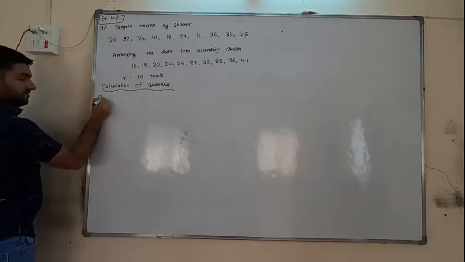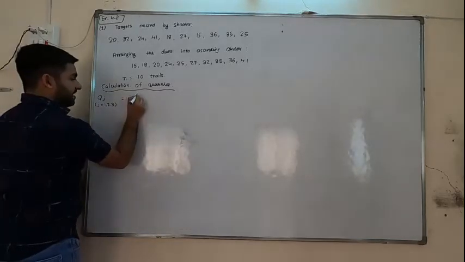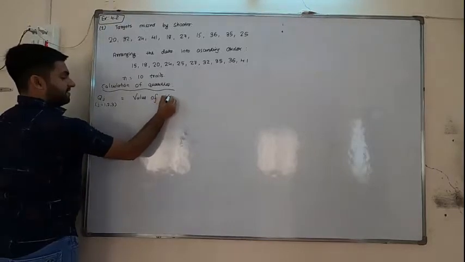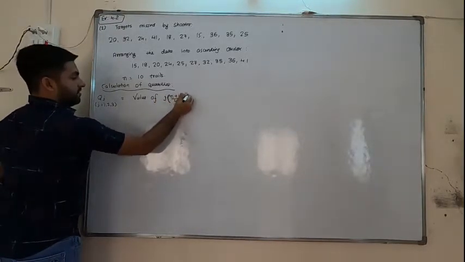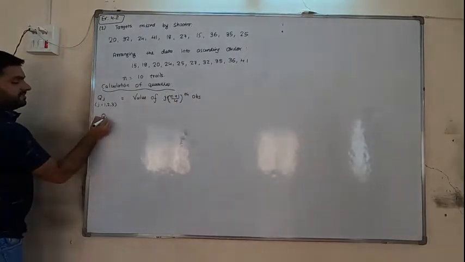First of all, we will write a common formula: Qj, j is equal to 1, 2, 3. As this is ungrouped data, Qj is equal to value of j(n plus 1) by 4th observation. Now we need Q1.